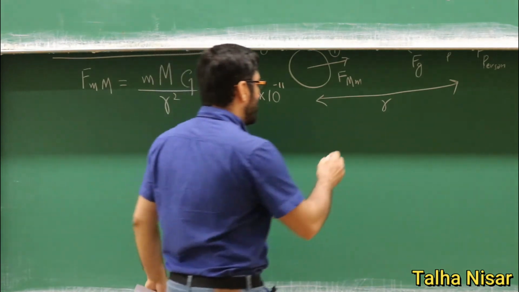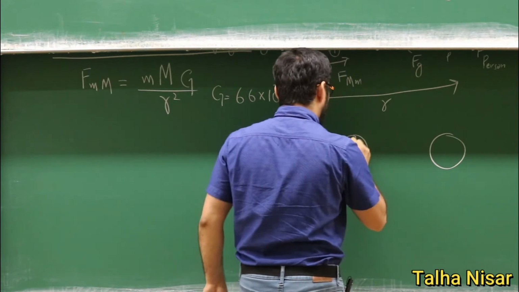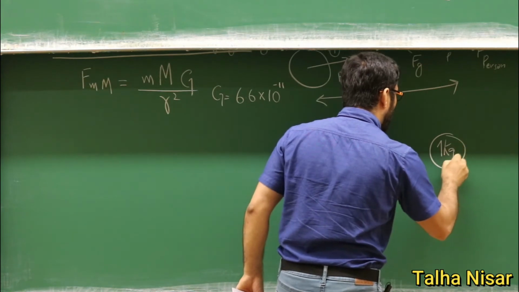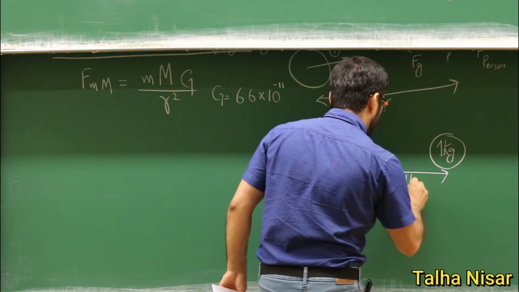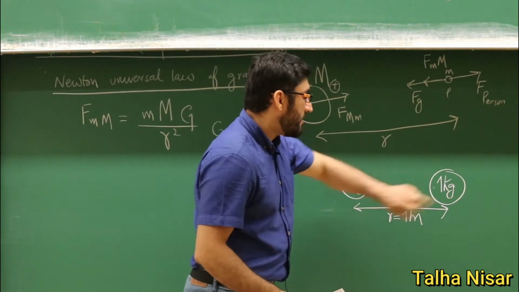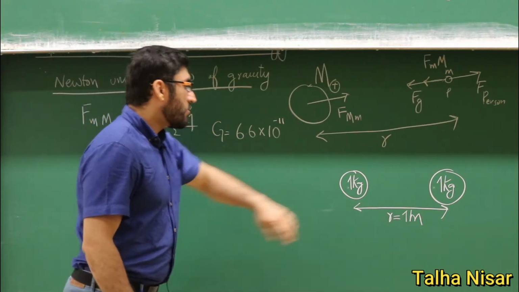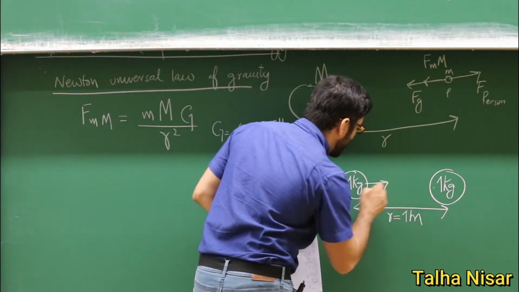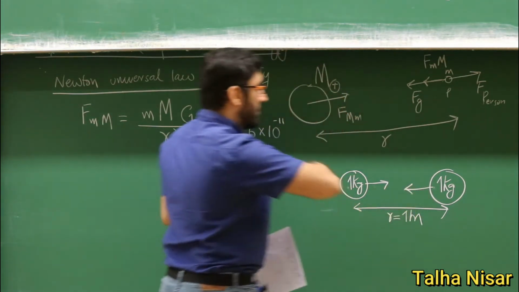For example, if we have two masses, this is 1 kilogram and this is again 1 kilogram, and the distance r is 1 meter, and we want to calculate the gravitational force with which they attract each other, this will feel a force because of the presence of this one, and this will also feel an equal force in the opposite direction.